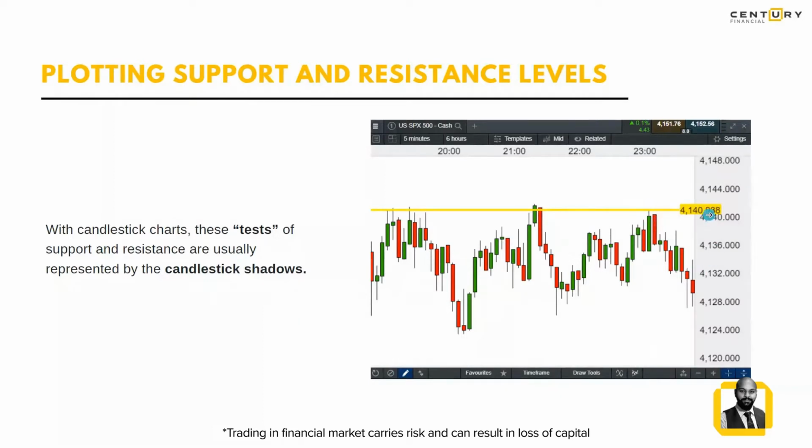So the fourth time it touches the same resistance, investors or traders will expect the prices to drop back down again, because this is considered a very strong resistance. What is a strong resistance or support? When the price does not breach multiple times, a minimum of 2 to 3 times is what you need to look at.